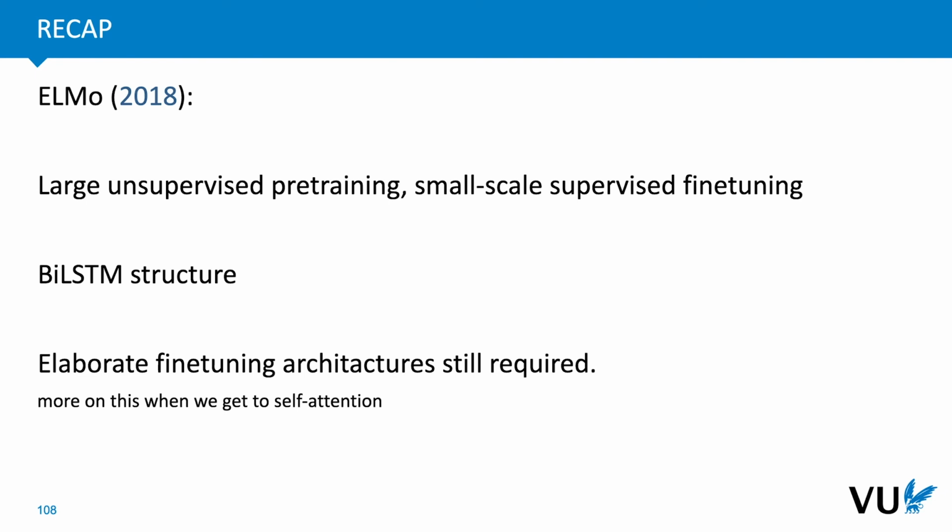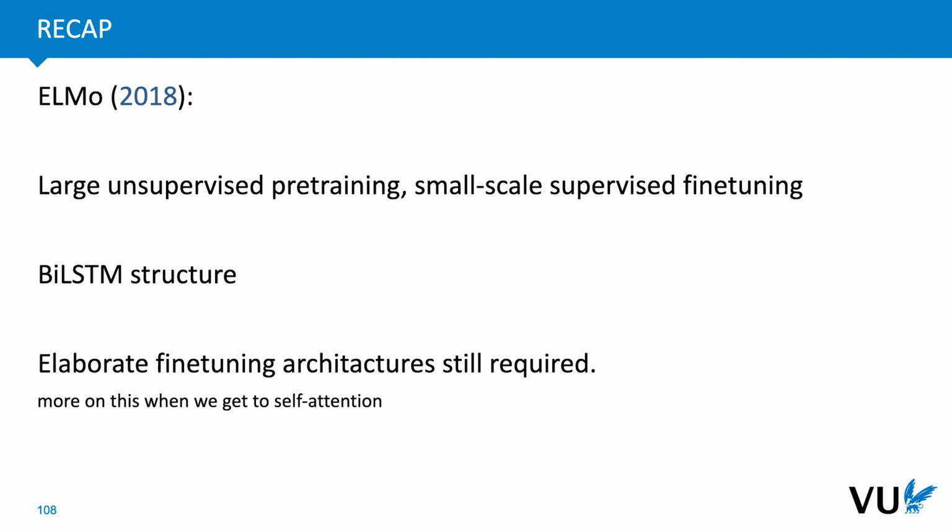It contains as its basic structure a bidirectional LSTM, but it does still require elaborate fine-tuning architecture. So the architectures that achieve this kind of state-of-the-art performance on all of these tasks are still quite elaborate LSTM structures. However, what we see later after ELMo with these successor models like BERT and GPT is that this pressure reduces.